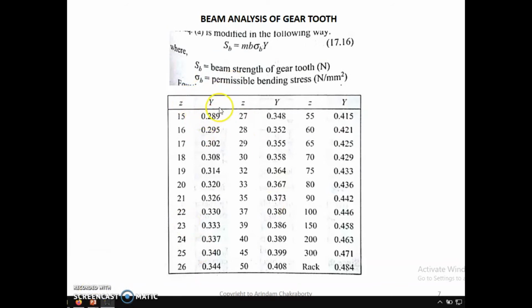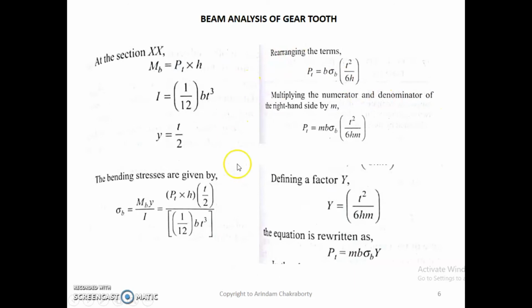So what we need to know is how Y is affecting the beam strength or the force applied. Why am I telling the beam strength or force applied? Because SB is represented as beam strength and the force applied is PT.